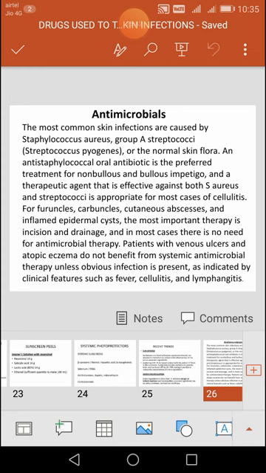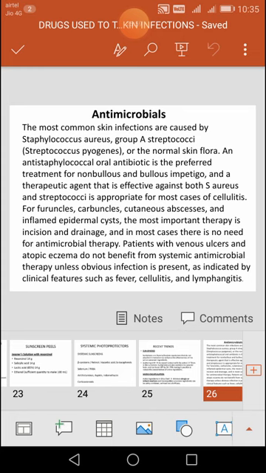For furuncles and carbuncles, cutaneous abscesses and inflamed epidermoid cysts, the most important therapy is incision and drainage. For all these they use incision and drainage because there is infection, and in most cases there is no need for antimicrobial therapy.